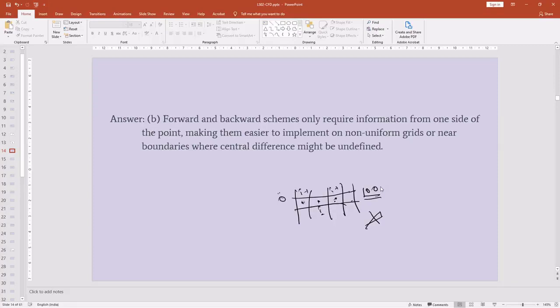So for all such discretization methods where we use non-uniform grids or non-uniform step sizes, we will be taking forward or backward schemes.